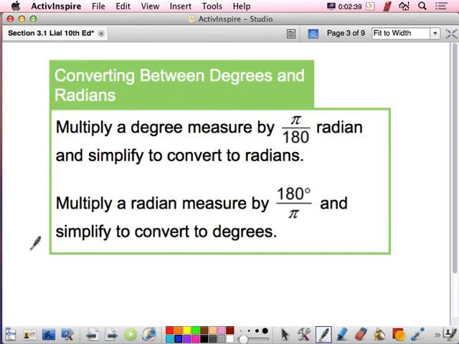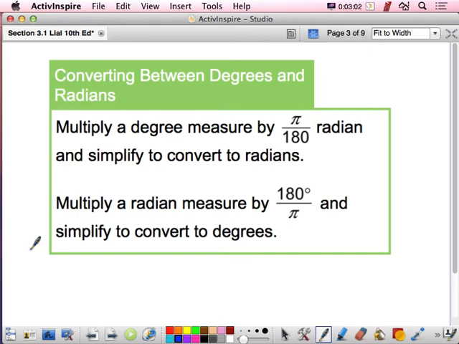Okay, so converting between degrees and radians. If you want to convert something to radians, you multiply by a conversion factor of pi over 180. If you would like to convert to degrees, you multiply by 180 degrees over pi. So you just multiply by the reciprocal.